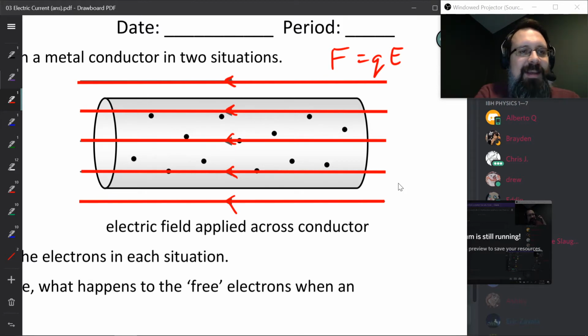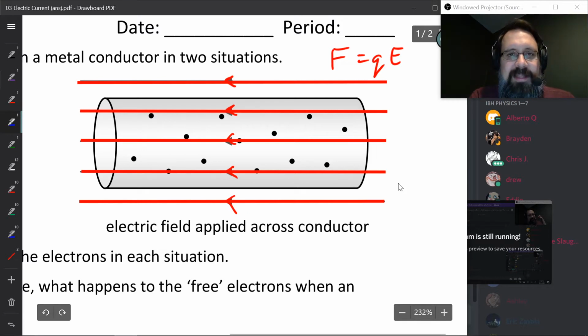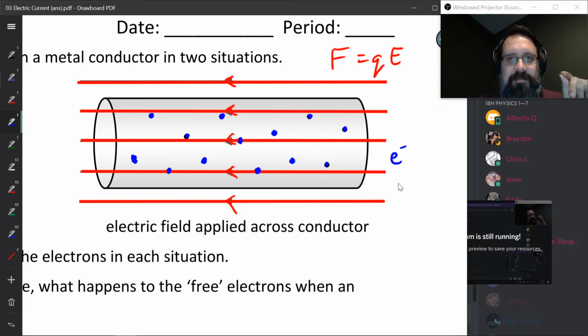Now, here's the thing. The field is pointing to the left, but what charge do electrons have? Charge of an electron, you guys. Negative. Electrons are negatively charged. Now, the way we define the electric field is as the direction that a positive charge would move.